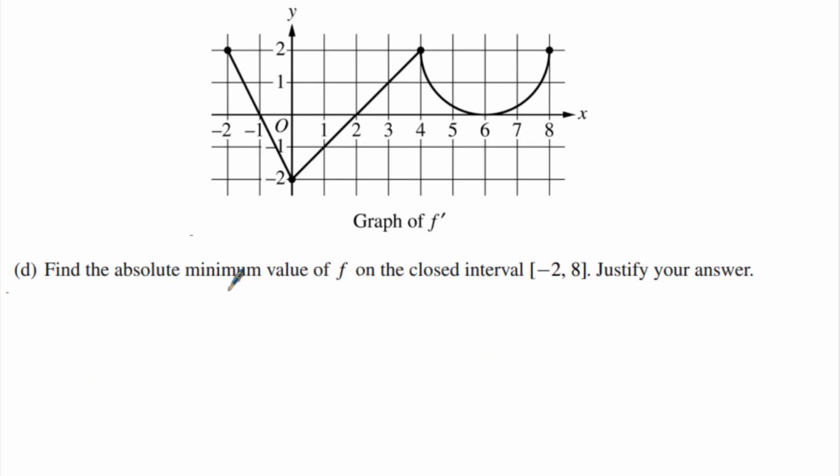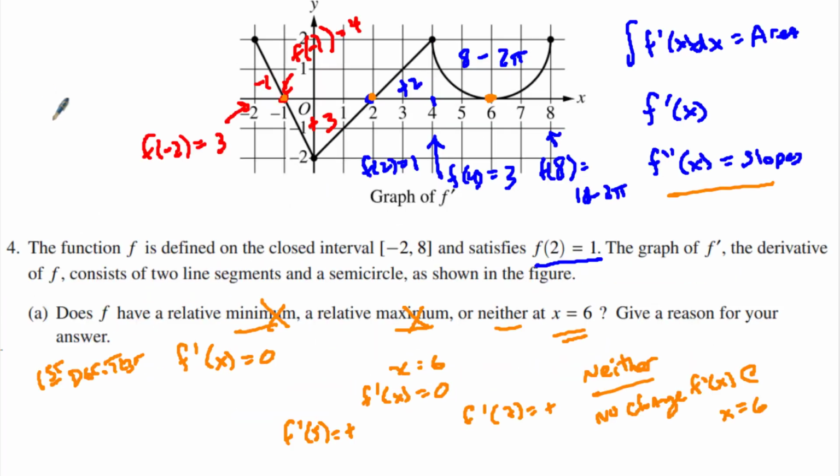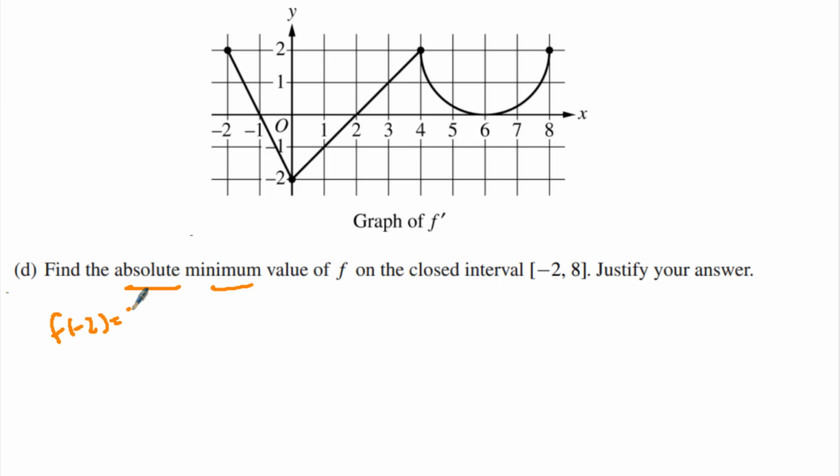And then it says find the absolute minimum value. Well, guess what? We already figured all of these things out, didn't we? We knew at f of -2, if you remember coming back here, finding the areas, f of -2, we got a value of 3. We knew we have to possibly use the endpoint there, okay?